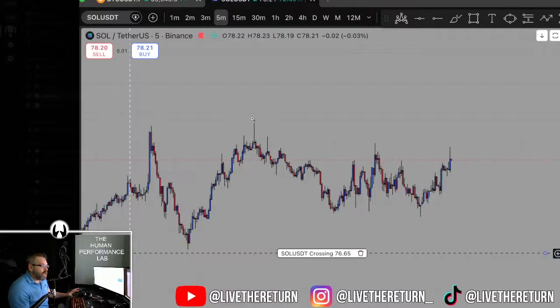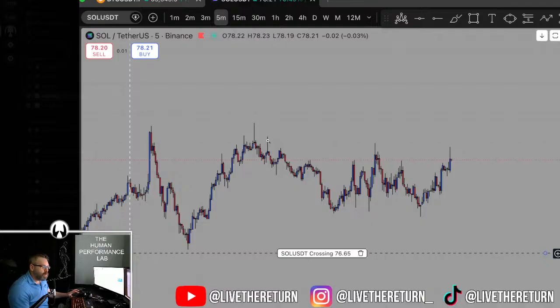So now we have rejection, we have a close below, price action is coming down, and we come back up and we test. And I can almost guarantee you that somewhere between the high and the close on this bar, this bar, this bar, or this bar, there's high volume that this bar came up and touched.